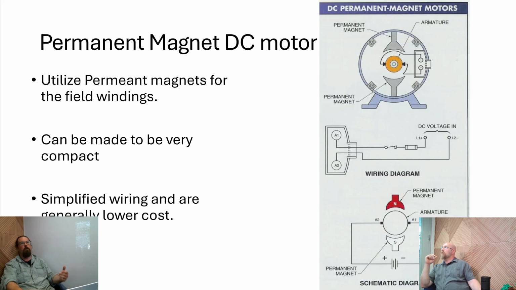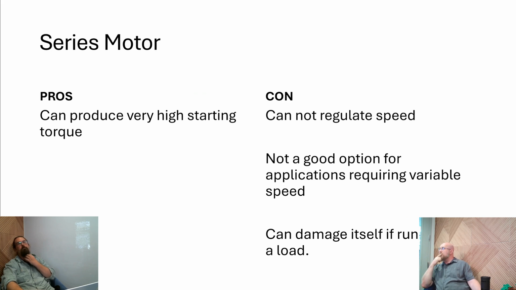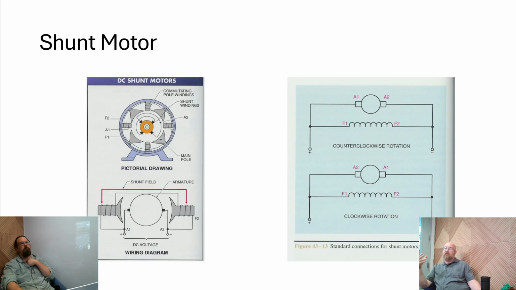There are a couple of different common configurations here. You have a permanent magnet DC motor, which means that the field windings are magnets instead of actually coils of wire. There are certain advantages to them. Research them as necessary. As we go through these, you'll see a series motor, and you can absorb these on their own, and the pros and cons with relation to them.